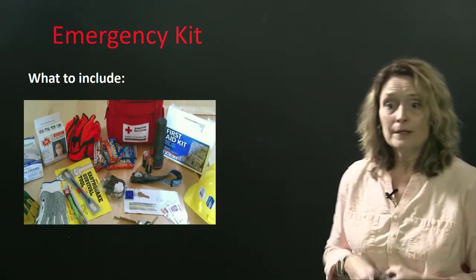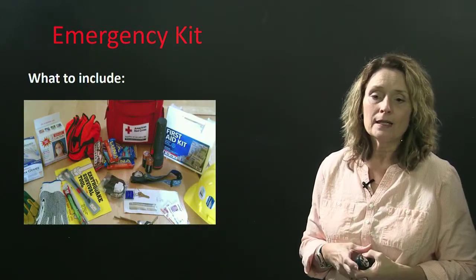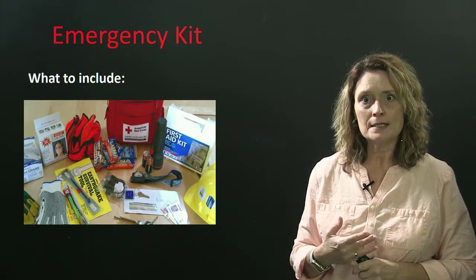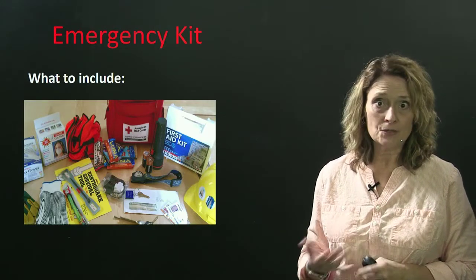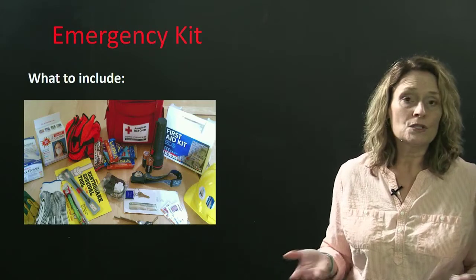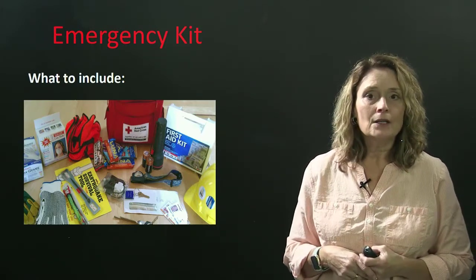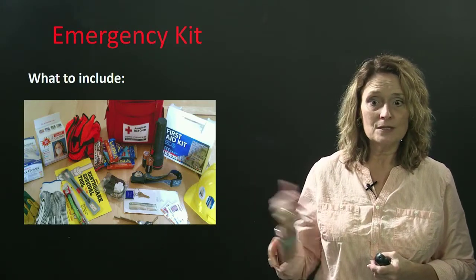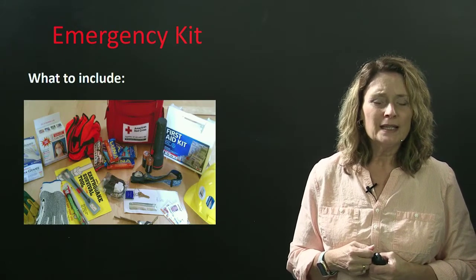As I mentioned, an emergency kit is important, and we need to think about the different types of emergencies that we may face in a child care center or a school situation. And like I said, not only are we needing that first aid kit, which is in this picture, but we need other things as well.